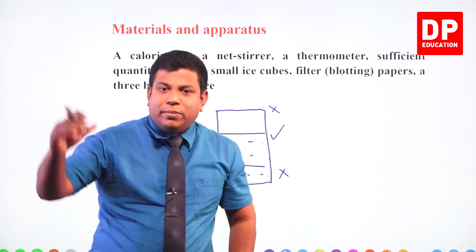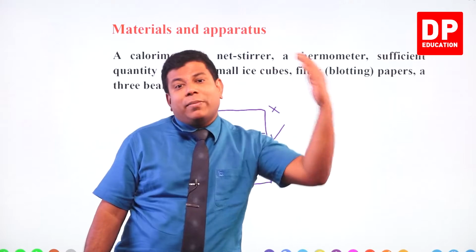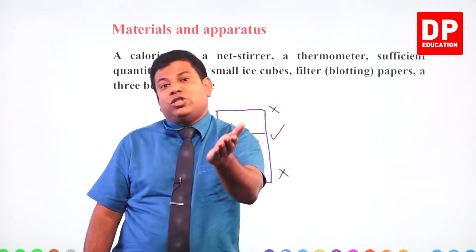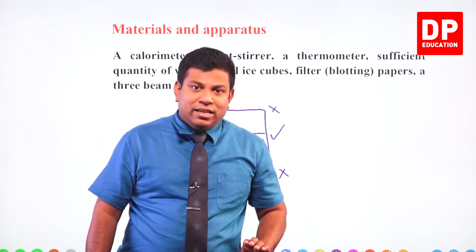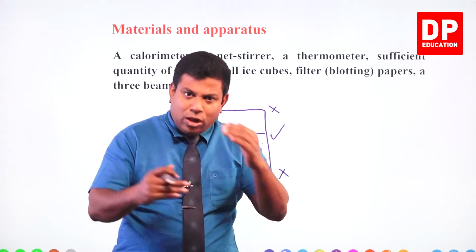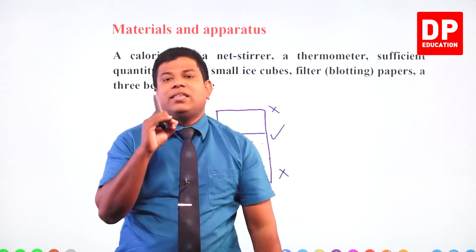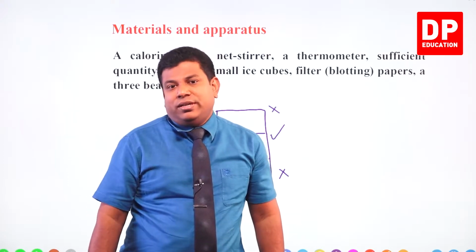Then only the water temperature goes up. That's how we do the calculation, right? We don't assume the ice cube comes at minus 2, from there it comes to 0, then changes to water. We don't do it like that. Therefore, to ensure that the whole ice cube has a uniform temperature at 0 degree, it is better to have small ice cubes.